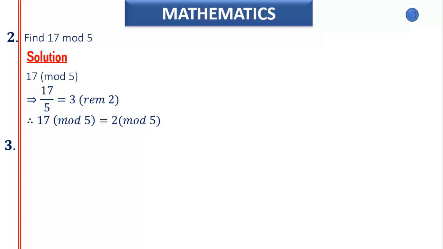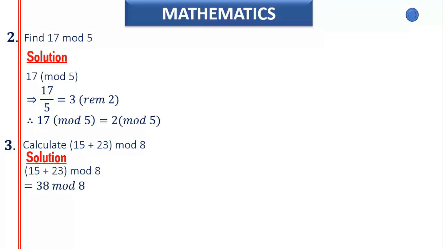Now for number 3, calculate 15 plus 23 all in mod 8. That's modulo 8. What you just need to do is perform the simple arithmetic operation, and after performing the operation, you find the simplest value in that modulo.